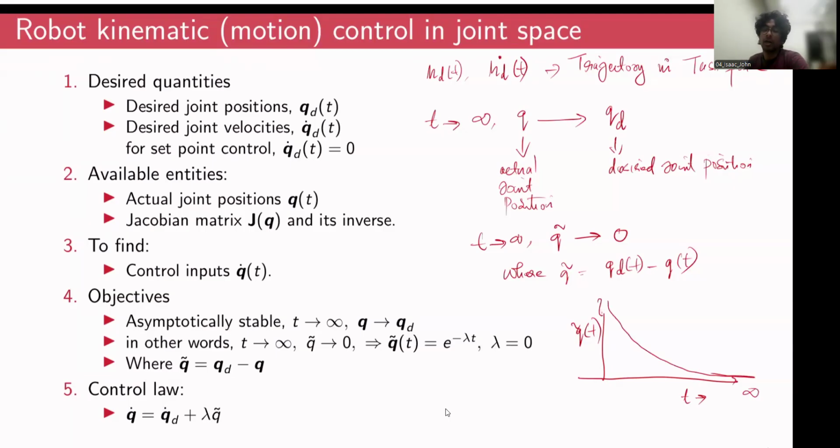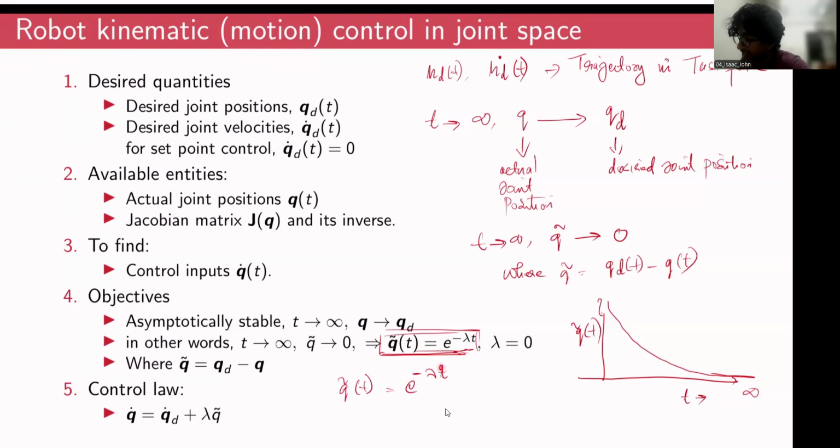Right? Or in other words, we want our system to behave as per this first order dynamics. q tilde of t should behave as per e raised to minus lambda t.